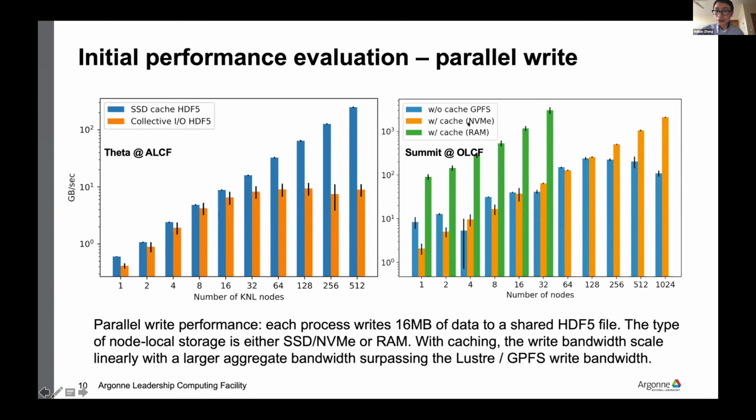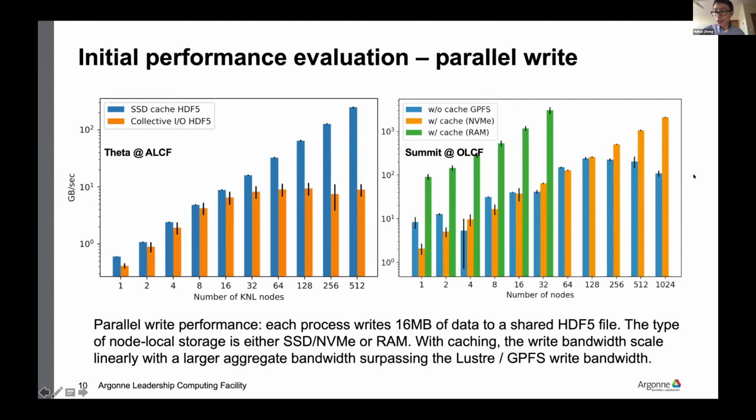We cache the data on non-local storage like NVMe, and we also support caching data on RAM. For RAM, basically we just move data to the memory, do the memory copy, so it is very fast. So writing data directly to the GPFS, we get about 200 to 300 gigabytes per second bandwidth.